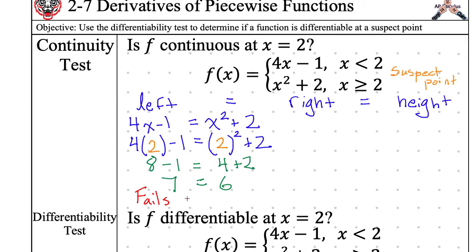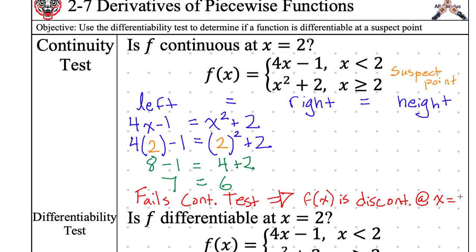Fails continuity test. If it fails, that implies that the function is discontinuous. Therefore, f of x is discontinuous at x equals 2.